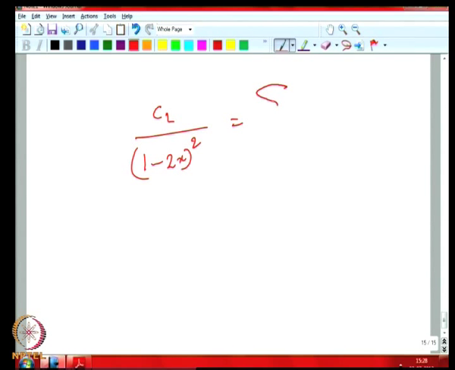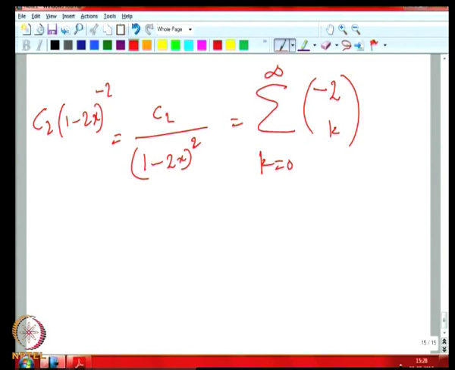This will be the sum over k equal to 0 to infinity, because this is minus 2. Remember, this is c2 into (1 minus 2x) whole power minus 2. So, write minus 2 choose k, and then this x is minus 2x, so (minus 2x) raised to k.